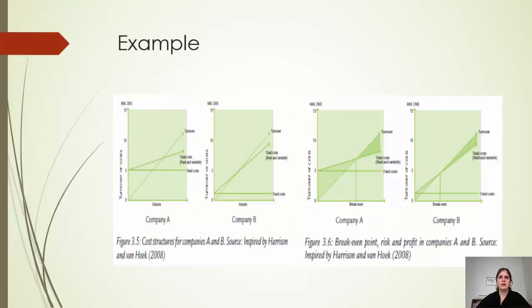Examples of these are illustrated by the following. Here we have two companies. If we look at the drawings on the left side, we see company A and company B. The flat line in the middle represents the fixed costs. That one is fixed all the time through this. In the middle we see the total cost, and at the top we see the turnover.